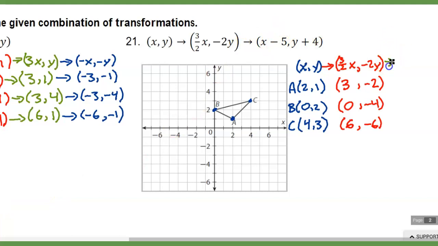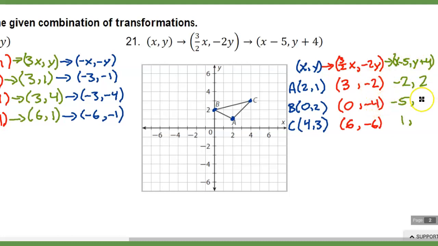And lastly, we are going to subtract 5 from each x and add 4 to each y. All right, so 3 minus 5, negative 2. 0 minus 5, negative 5. And 6 minus 5 is positive 1. Okay, now add 4 to each y. Negative 2 plus 4 is positive 2.